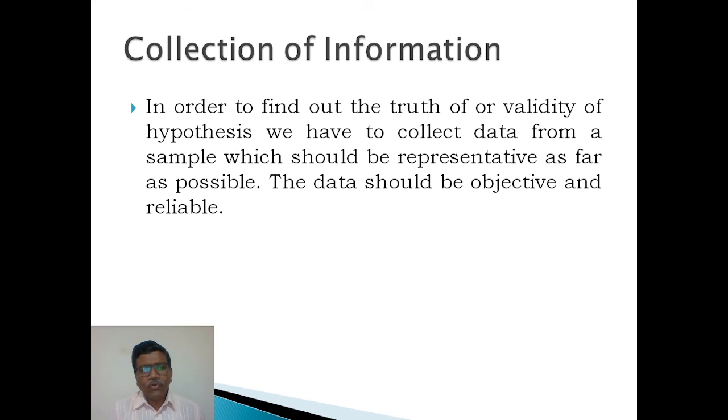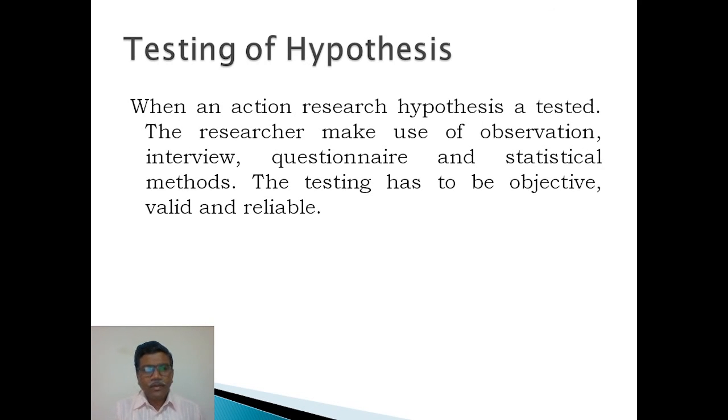Next, collection of information. In order to find out the truth or validity of the hypothesis, we have to collect data from a sample which should be representative as far as possible. The data should be objective and reliable. Next, testing of hypothesis.